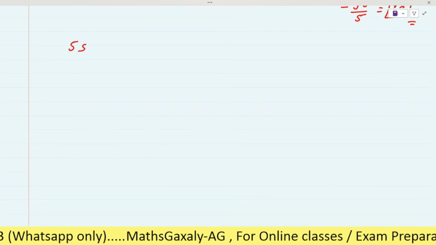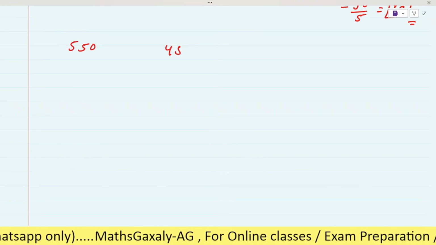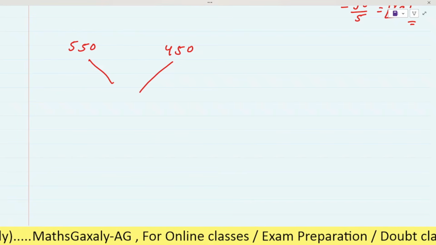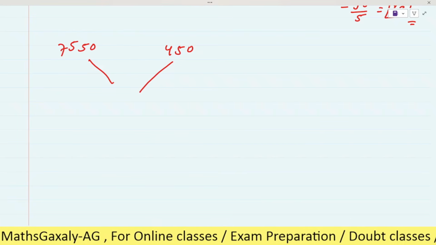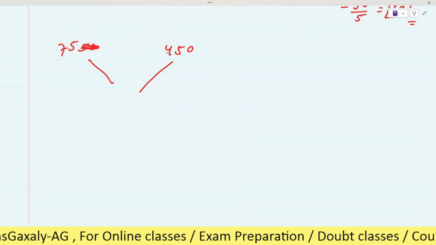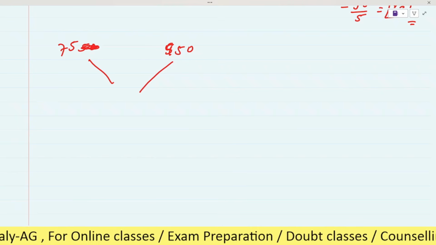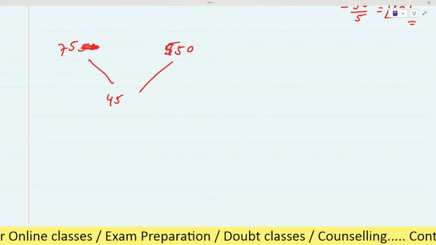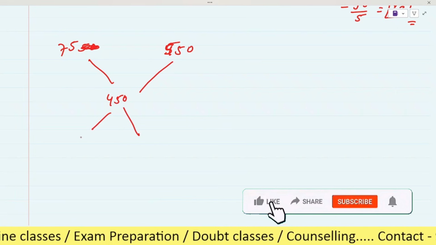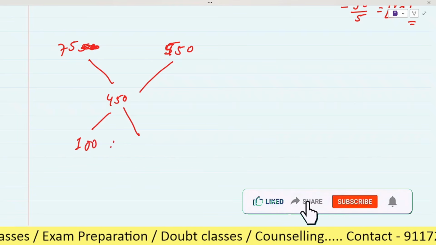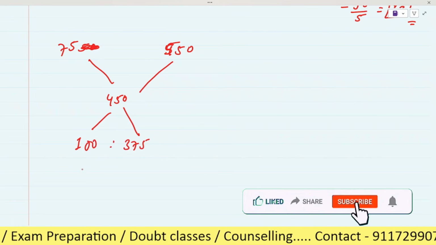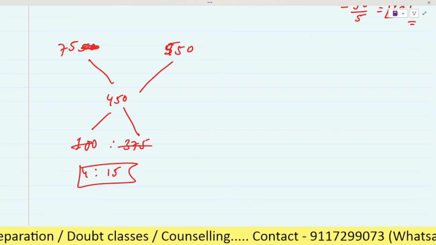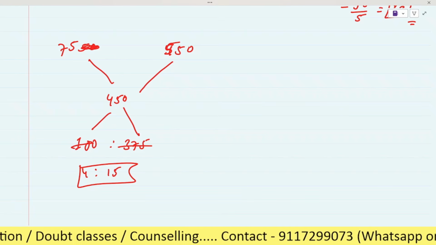So here it will be 75 paise and 550 paise, and the mixture will be 450. Then here it will be 100 is to 375. When you cancel, you will get 4 is to 15 as the answer. Is it clear?